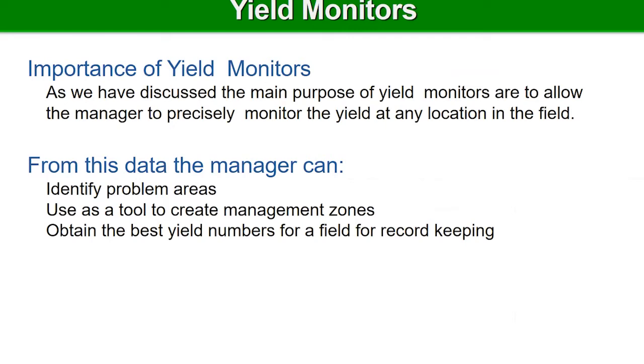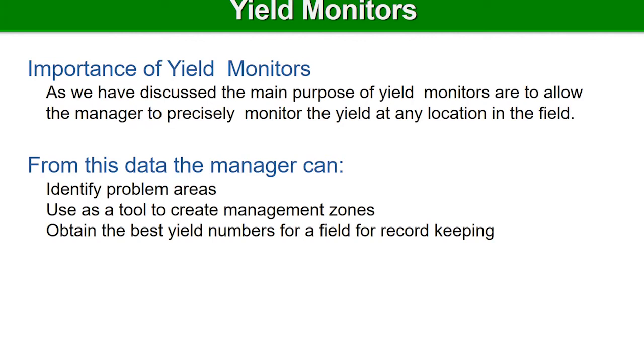So as we have discussed, the main purpose of yield monitors is to allow the manager to precisely monitor the yield and use these yield data to make yield maps. And when we have yield data, we can identify which area has higher yield, and we can find some problem areas.